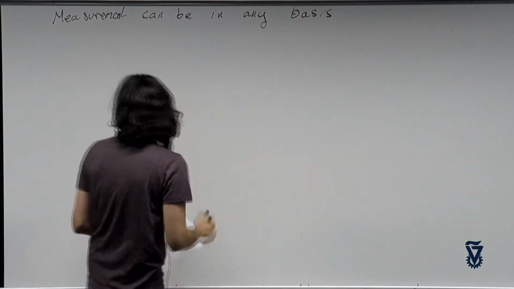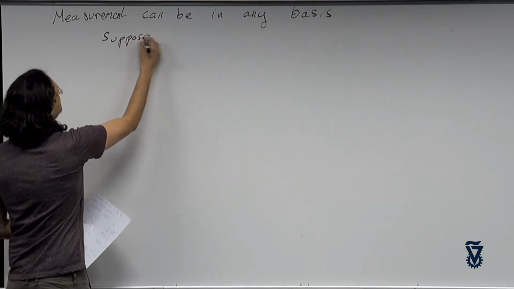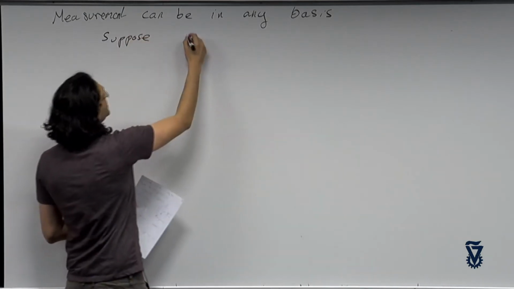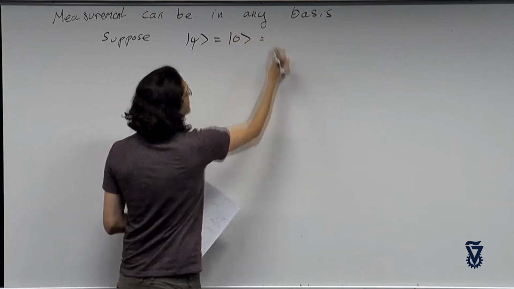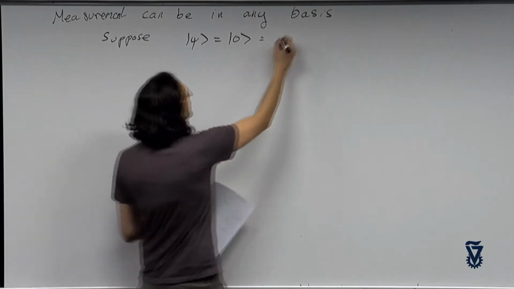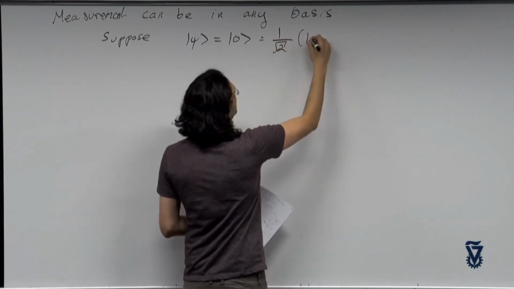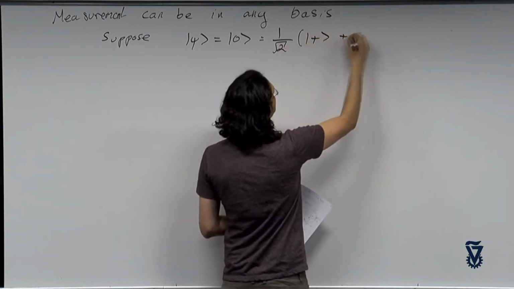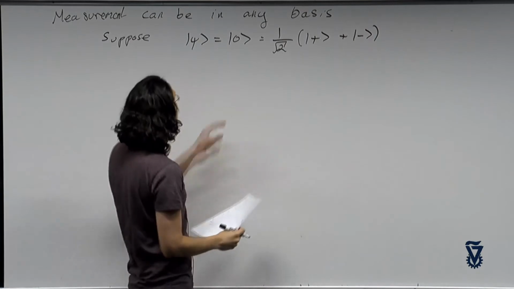Okay? So suppose that psi just equals 0. This 0 is basically a superposition of the plus and minus state, so 1 over square root of 2 times plus and minus.